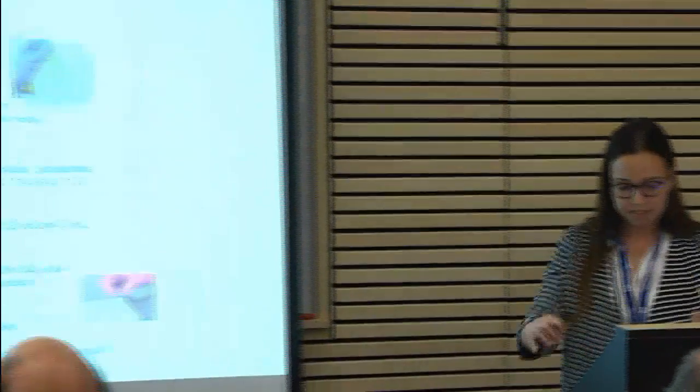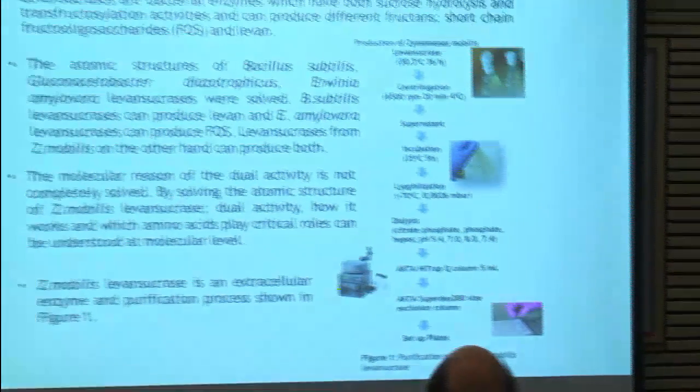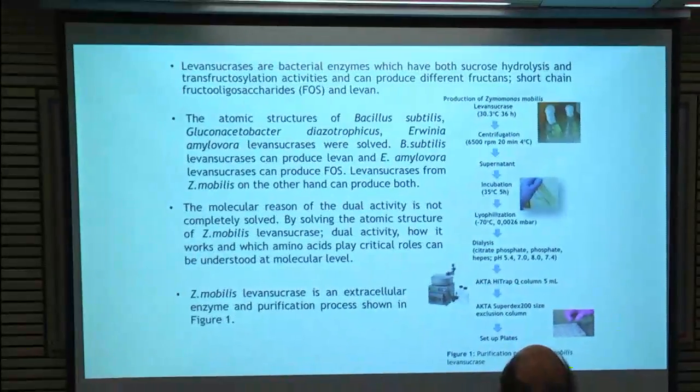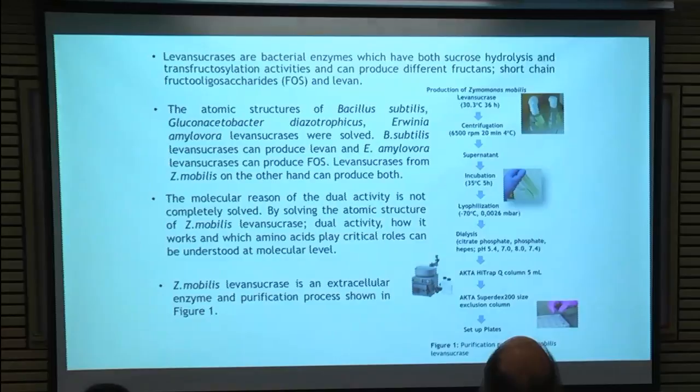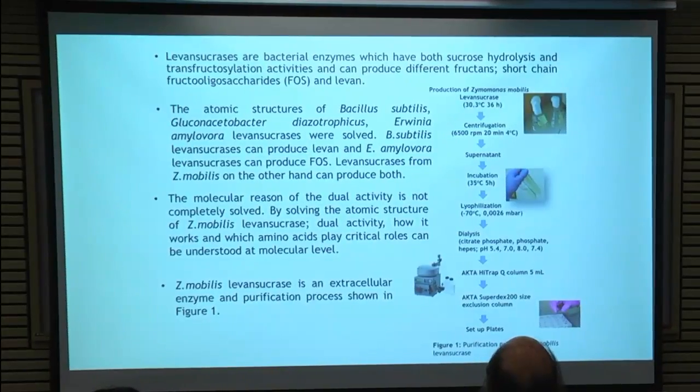Then I was trained in the sample preparation and characterization laboratory at EMBL Hamburg, and I learned how to do crystallization and how to prepare my sample. Then I returned to my university and started my project. My project was on production, purification, and crystallization of Zymomonas mobilis levansucrase. Levansucrase is a bacterial enzyme.